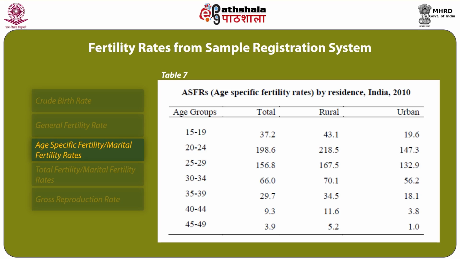This clearly shows that huge variations exist across age groups, and furthermore the rural-urban differences are vividly observed with respect to age-specific fertility rates, clearly indicating that the age of women has a strong bearing on the fertility level of this population.